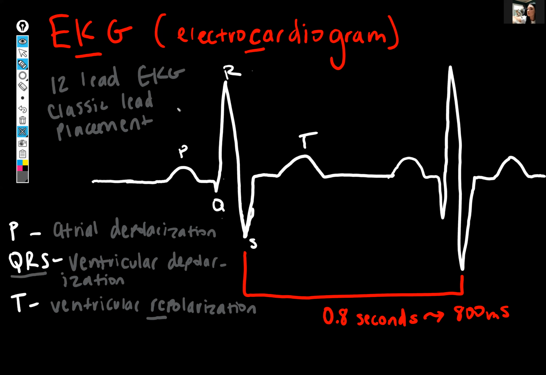So the reason I'm stressing this is because you can change the lead placement to look at different things about the heart. So you can put leads in different places to, for example, reveal atrial repolarization if you want to, or examine other things, because really each pair of leads is one camera angle looking through the heart.